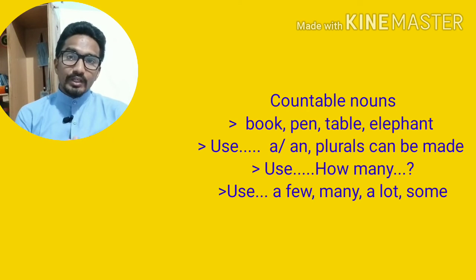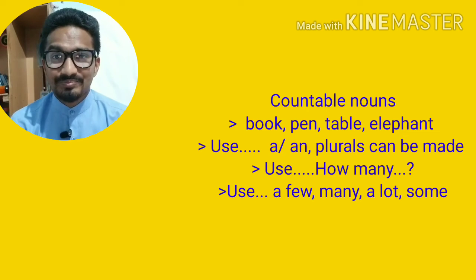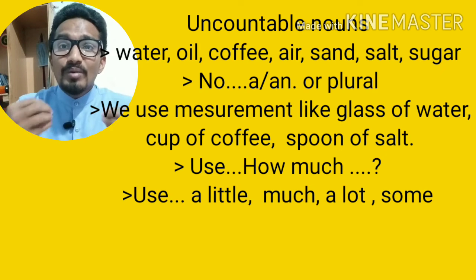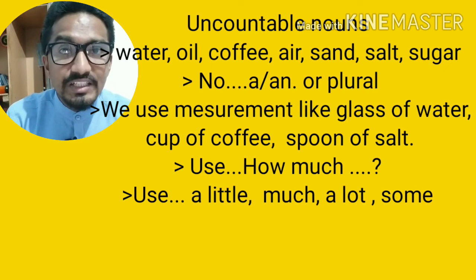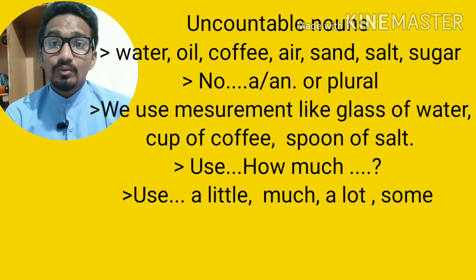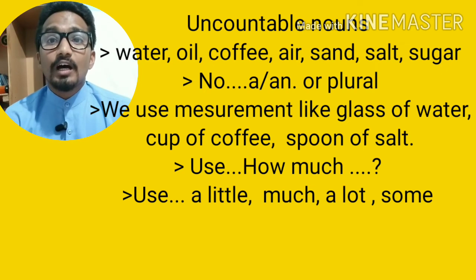How much water do you have? I cannot say how many water do you have. How much oil do you have? How much milk do you have? For countable noun, we say how many, and for uncountable noun, once again, how much.